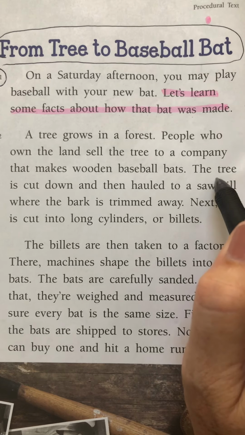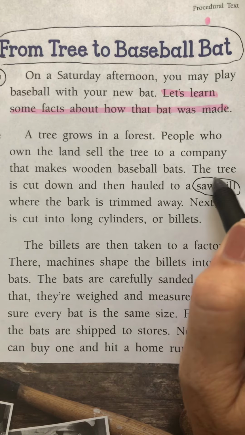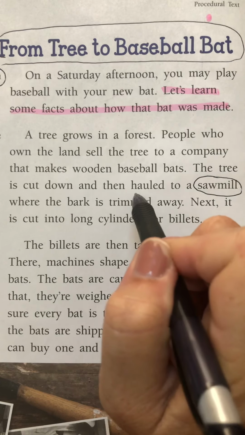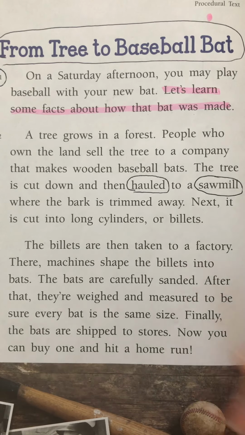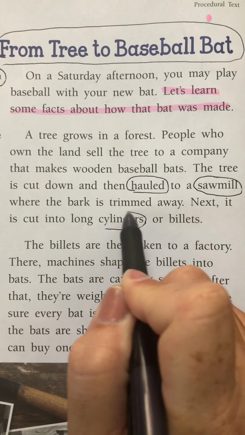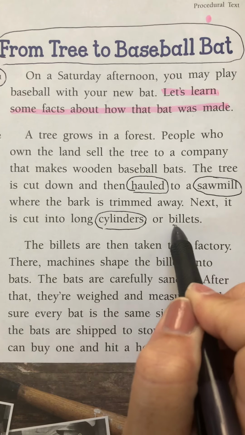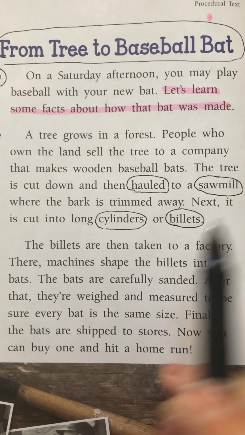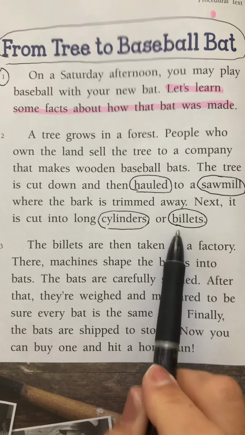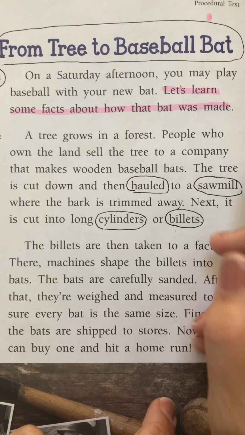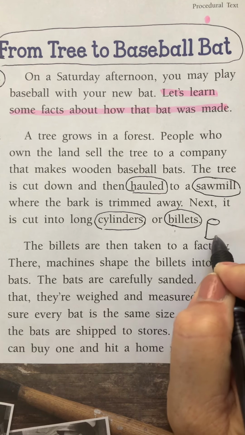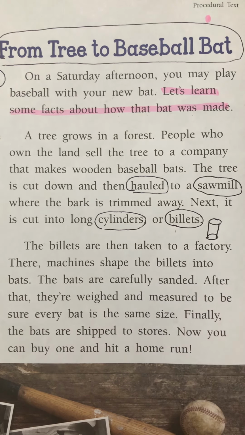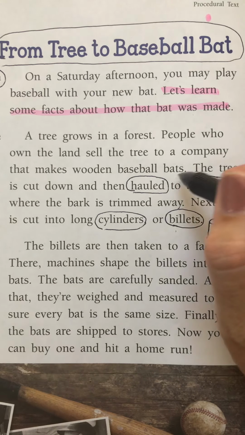Okay, some of you may have circled sawmill. Some of you may have circled hauled. Some of you may have circled cylinders or billets. Well, a cylinder and a billet is the same thing, and it's actually a shape. It's a long tube, almost like a Pringles can, if you've ever bought Pringles before.